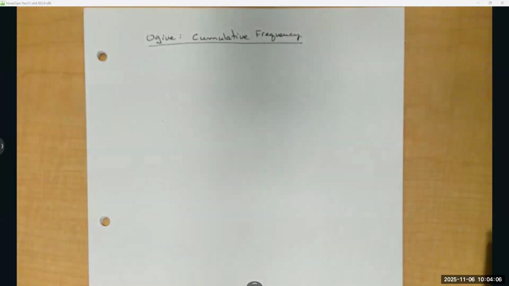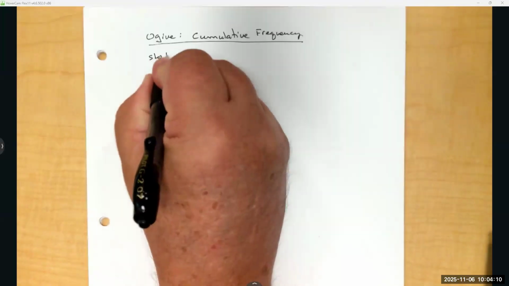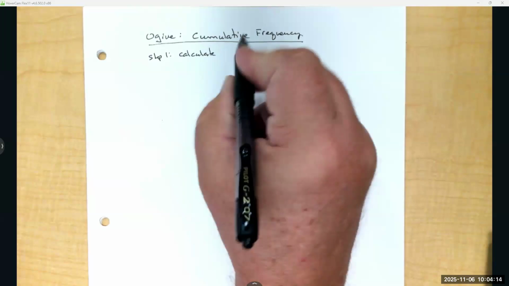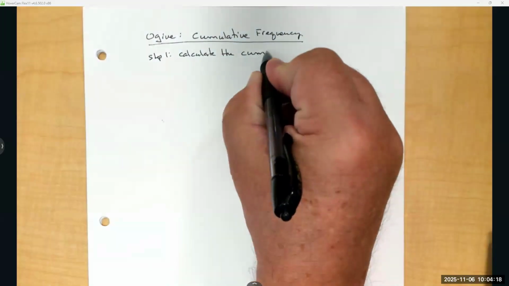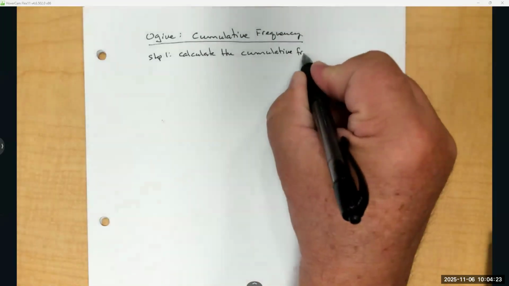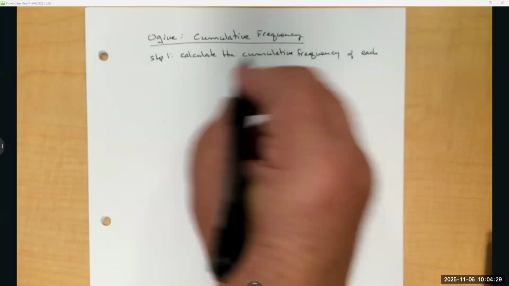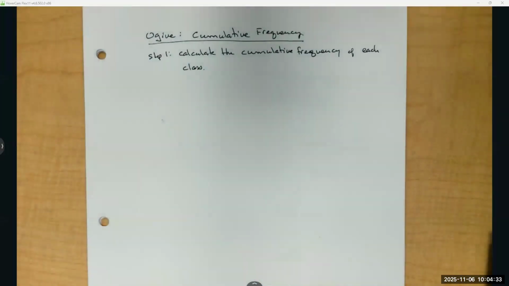We have to first calculate the cumulative frequency of each class. What does that mean?